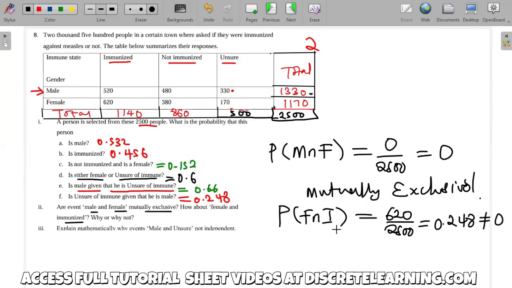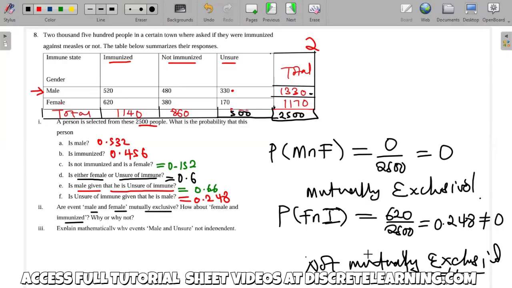Since the probability of their intersection is not equal to 0, we can conclude that female and immunized are not mutually exclusive. Make sure you know how to do this because it's definitely coming in your test 1. There's no excuse. This question is always there in test 1.